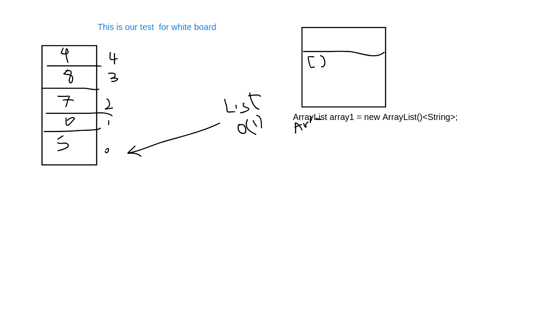So that's the default. When you call the ArrayList default constructor and provide a particular type, it's going to create an array in the background of that type with size 11. That means you can start adding 11 data items into it, and at some point it's going to get full again.